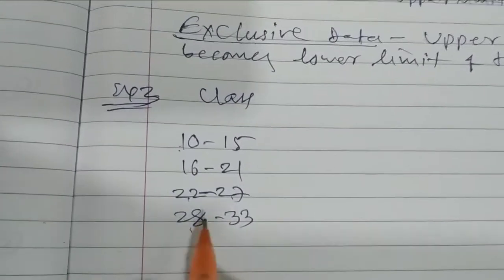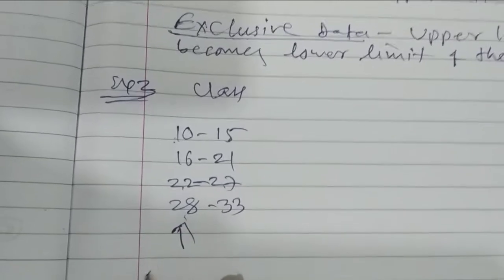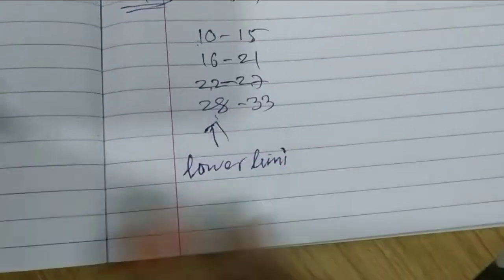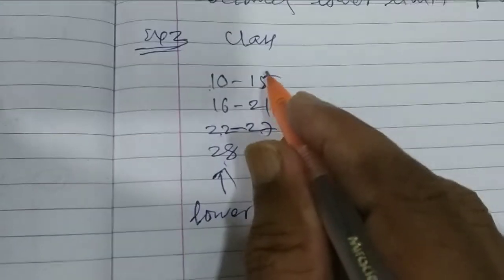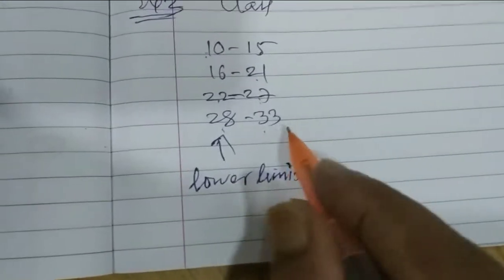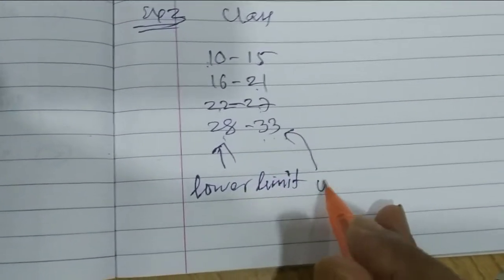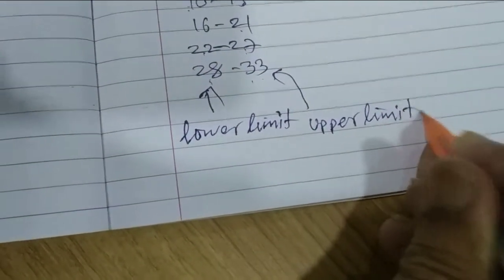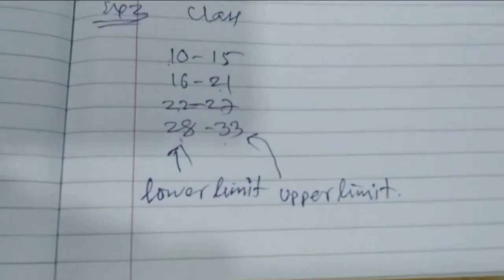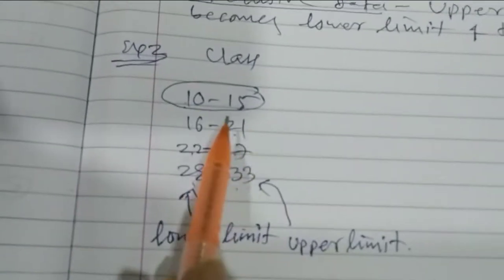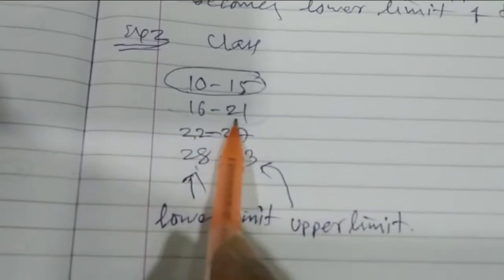Now you got it: the first figure column is of lower limit, and these numbers 15, 21, 27, 33 are of upper limit. Very, very clear. See, we are revising whatever we learnt in class 9. Now see, in the first class, 10 to 15. Second class, 16 to 21.